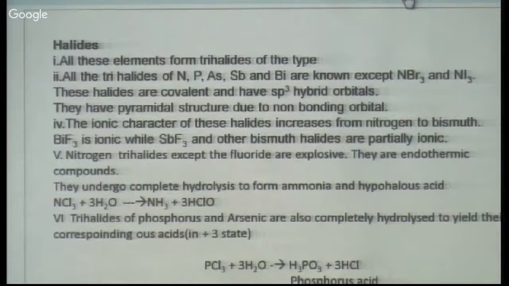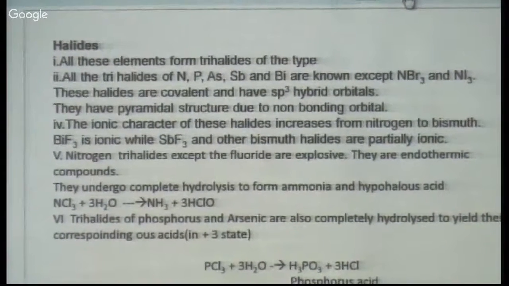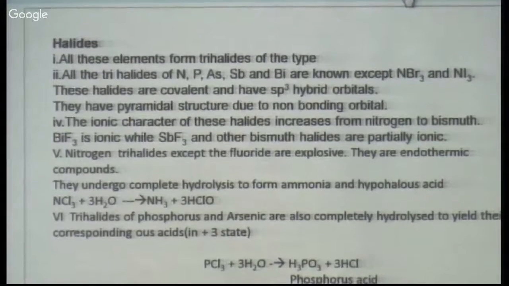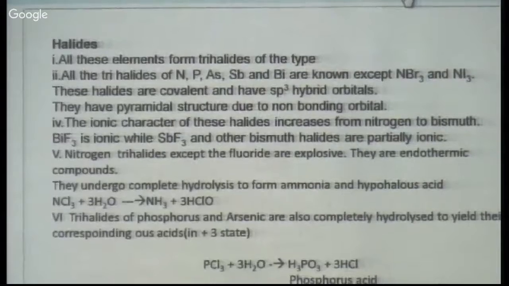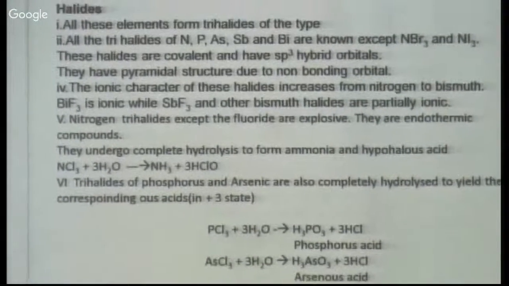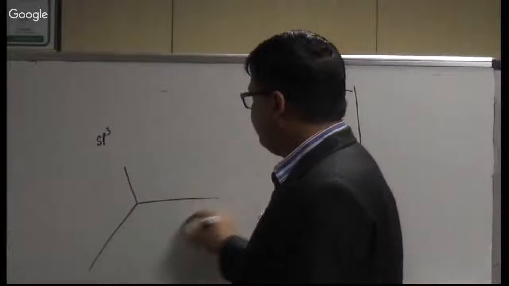See, the properties of these hydrides, if you say NH3, PH3. PH3 is known as phosphine. Now, if you look at the hybridization of the central atom, it is sp3. sp3 means the bond angles are 109.